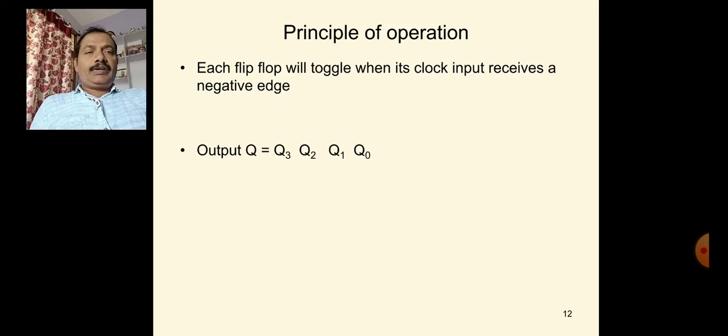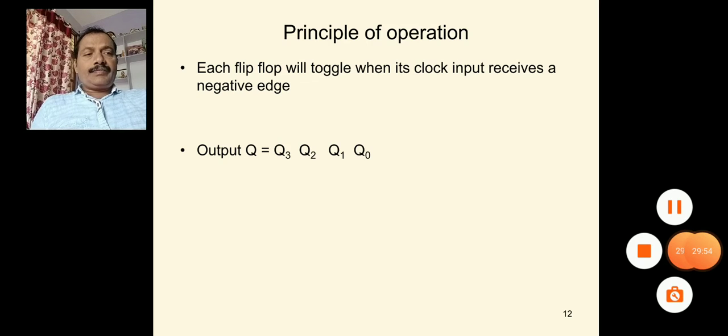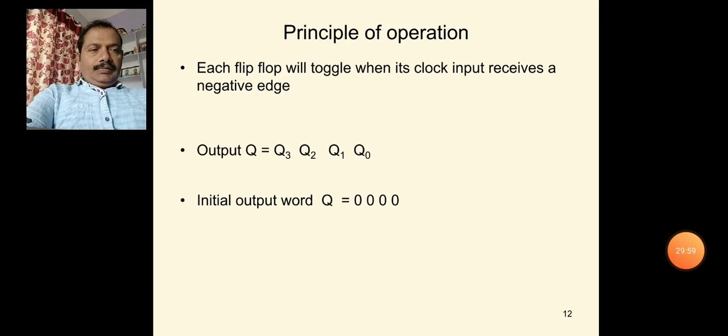Each flip-flop will toggle when its clock input receives a negative edge, because negative edge triggering clock pulses are used. Negative edge triggering flip-flops are taken into consideration. The initial output is Q equals 0 0 0.